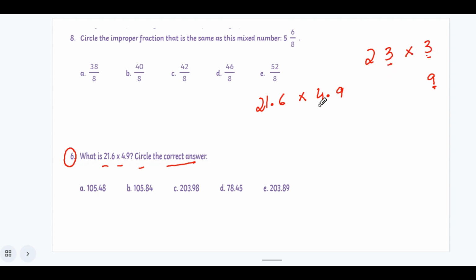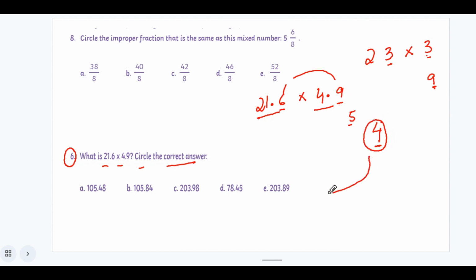Understand what I mean? For example, in these numbers the last digits are 6 and 9. You need to multiply these numbers. 6 times 9 is 54. Leave 5, just focus on this 4. So this 4 is the last digit of your answer.